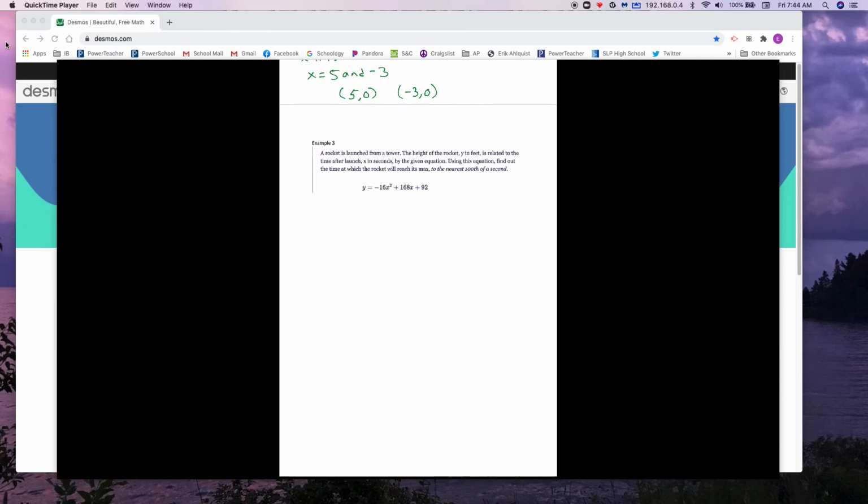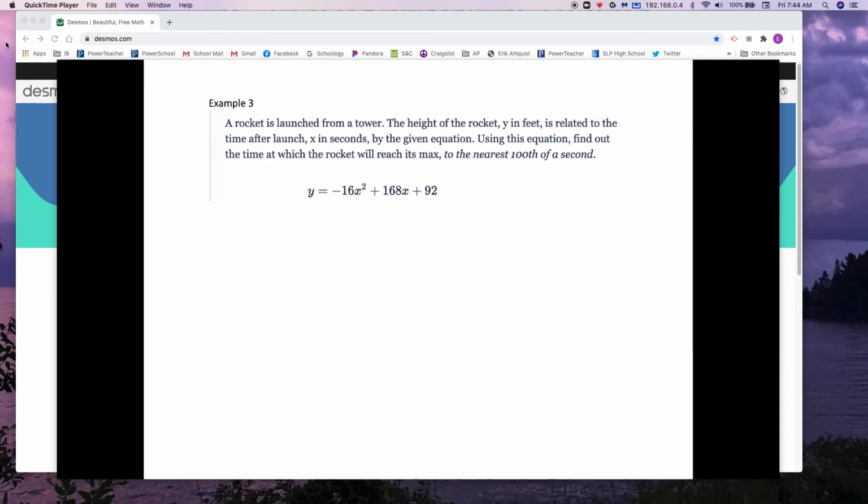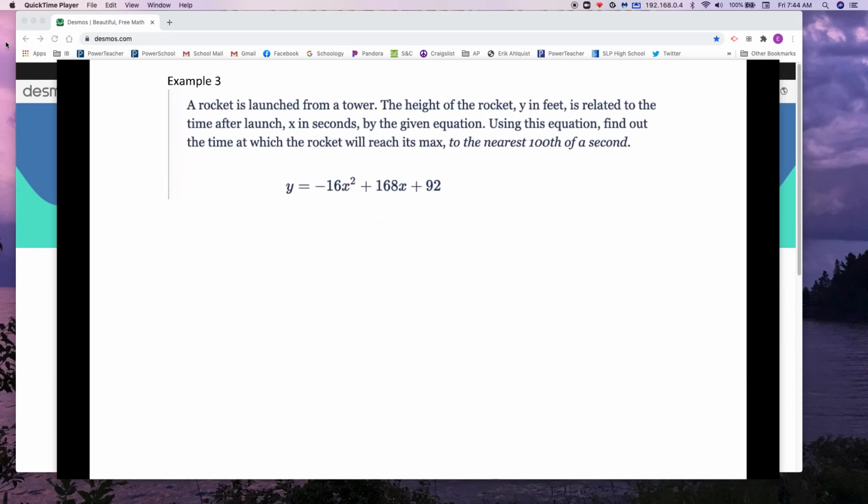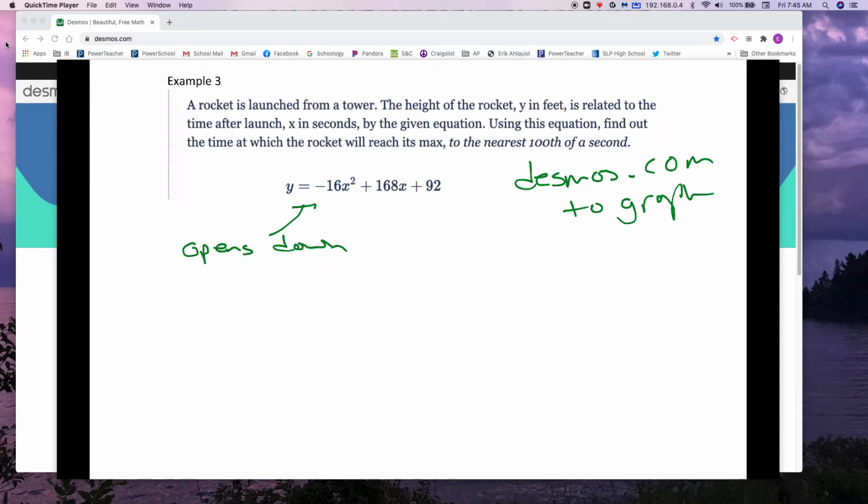All right, the last example we're going to do has to do with a rocket being launched from a tower, and we're going to use Desmos.com to graph. Okay, we know that this thing opens down. Well, it should open down. It's a rocket that's being launched.